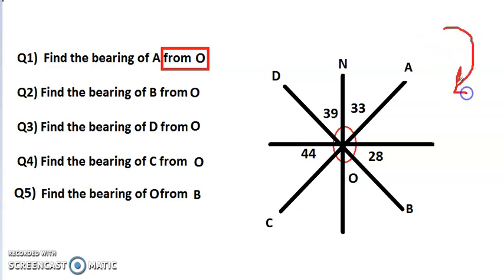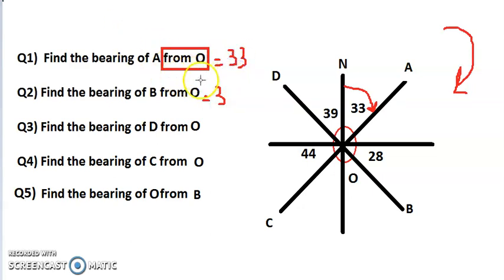Okay, therefore from N I need to find an angle going in this direction. Therefore from N to A would be 33. Now I've already given these answers so that you can understand. So from N to A the angle will always be 33. Therefore we can write it is equal to 033. So that one is 33.